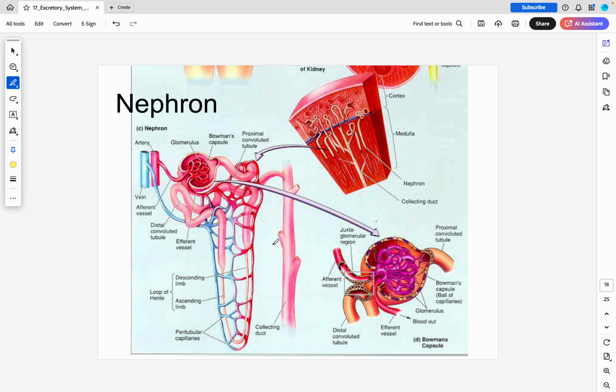The filtered material is not simply transported. Reabsorption and secretion are two of those key activities that occur within the renal tubule, and we'll discuss each of them.